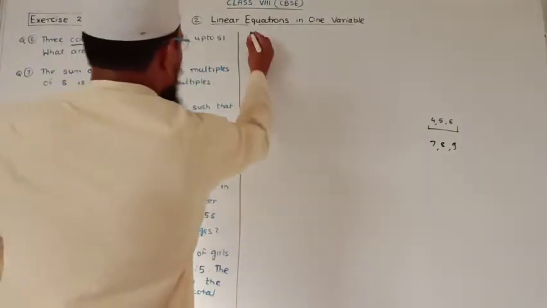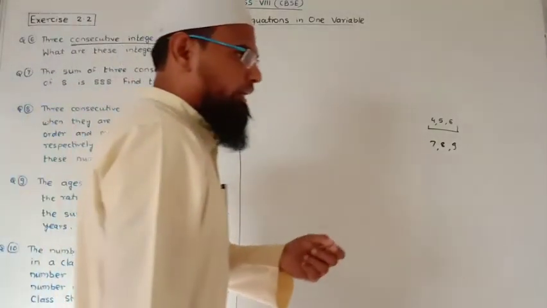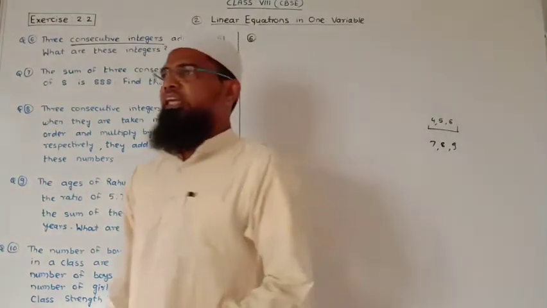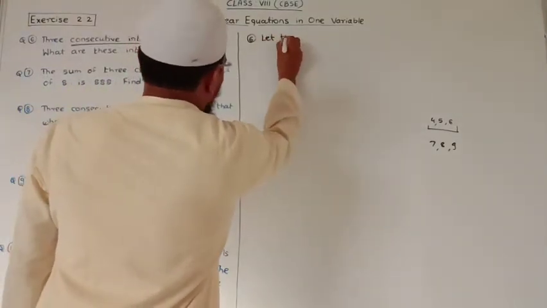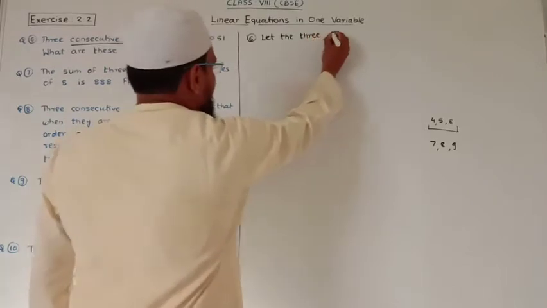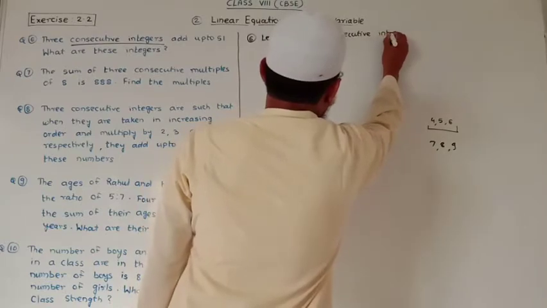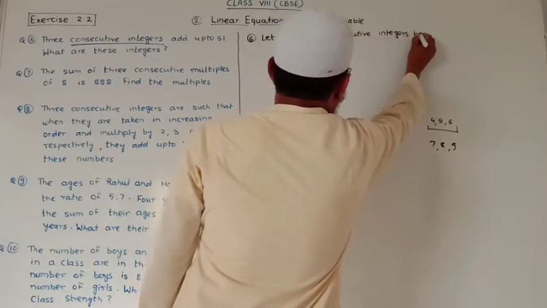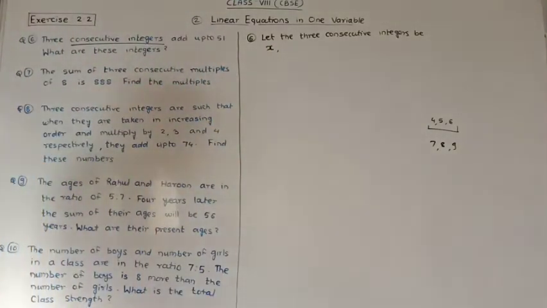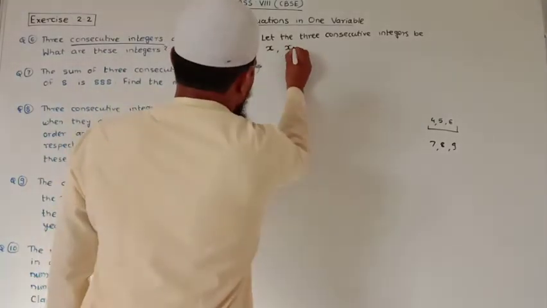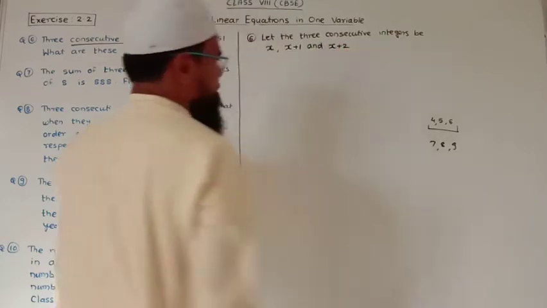So when we solve question number 6, first of all, we consider the smallest consecutive integer to be x. So here we write, let the three consecutive integers be: first, the smallest, x; then the next is obviously x plus 1, and the last is x plus 2.